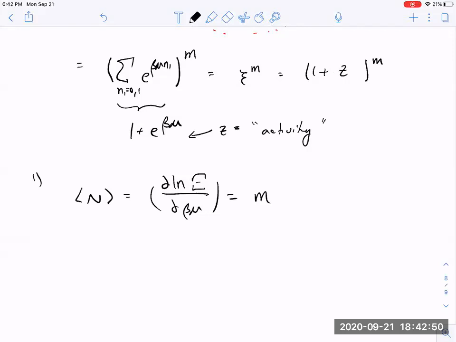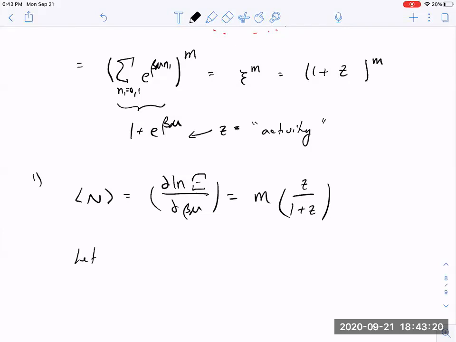Taking the derivative with respect to beta mu thus gives me an e to the beta mu, what I've denoted z, over 1 plus e to the beta mu, again what I've denoted as z. So there's the average number of particles expressible as a function of this activity, which is nothing but a complicated way of writing the chemical potential, or e to the beta chemical potential.